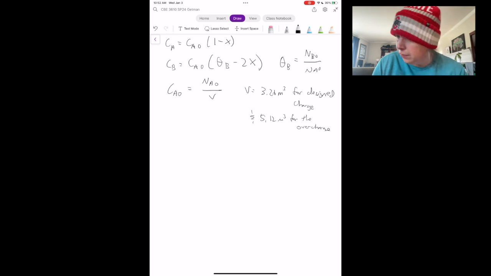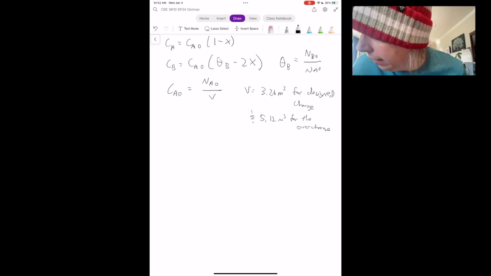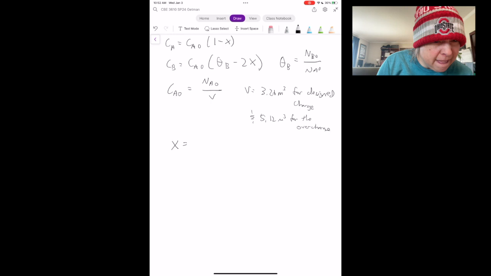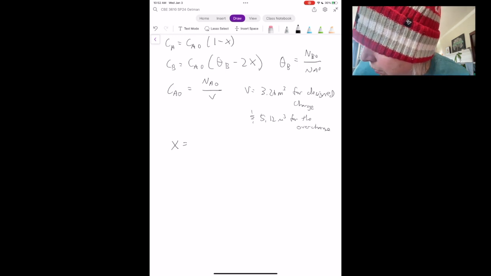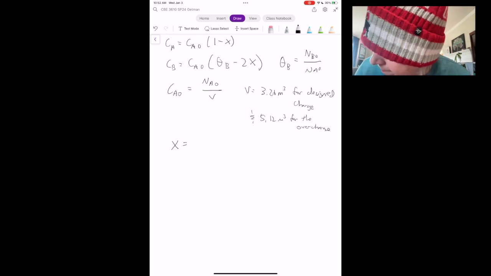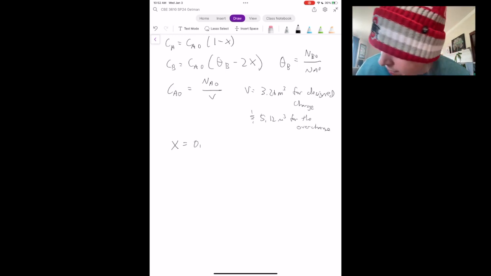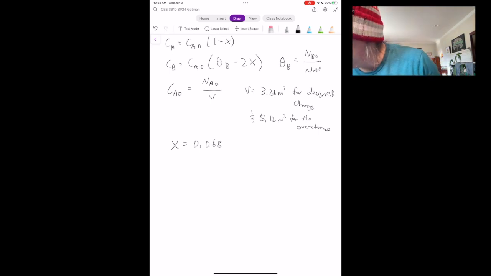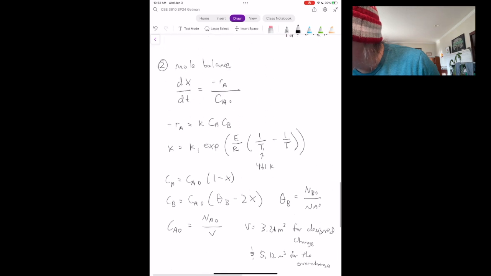And I get a value of x equal to 0.068. Let's see what other information we needed. This is after 45 minutes.